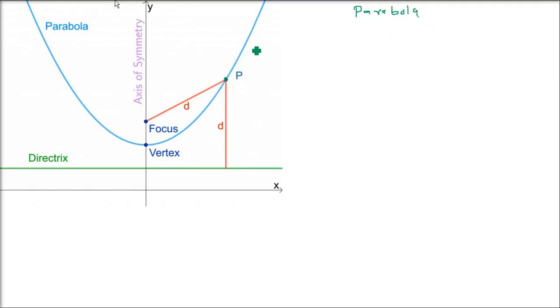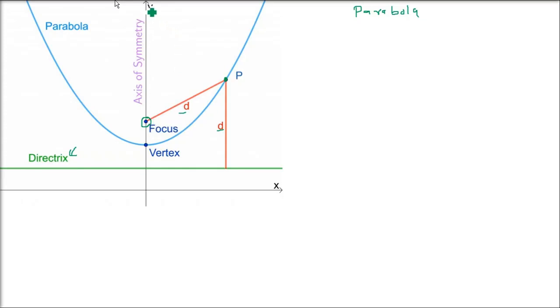As I told you, there will be a point moving such that its distance from a fixed point, which we call the focus, and its distance from a fixed line, which we call the directrix, are related. For a parabola E is 1, so the distance from the focus D1 equals the distance from the directrix D2.